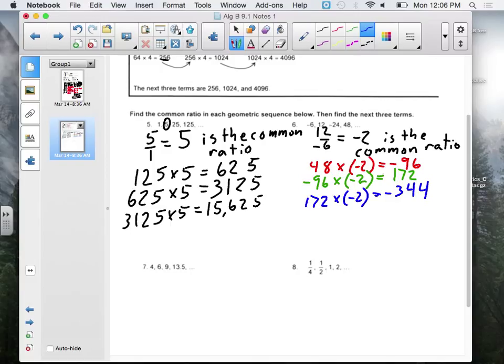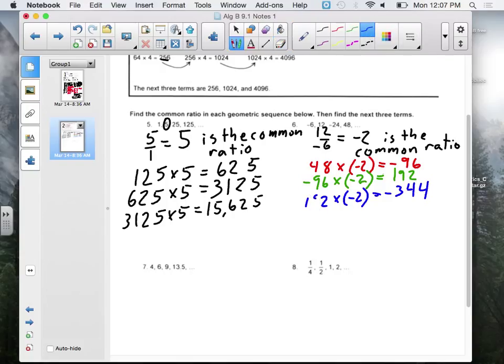Wouldn't 96 times 2 be 192? Yeah, probably would. Good challenge. But then would 192 times negative 2 be negative 344? 384.